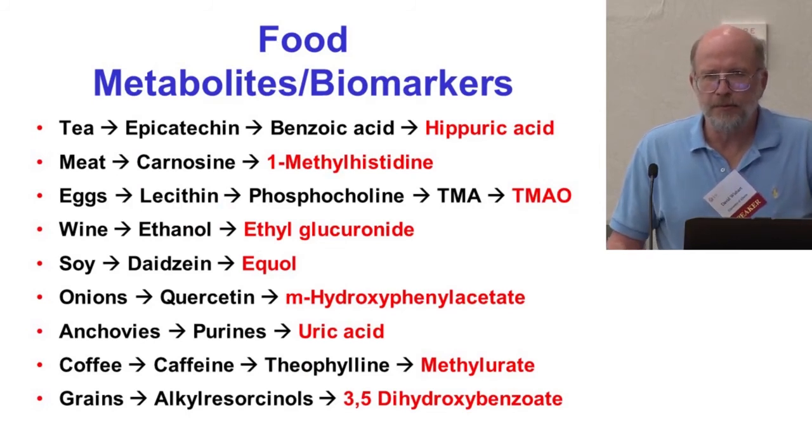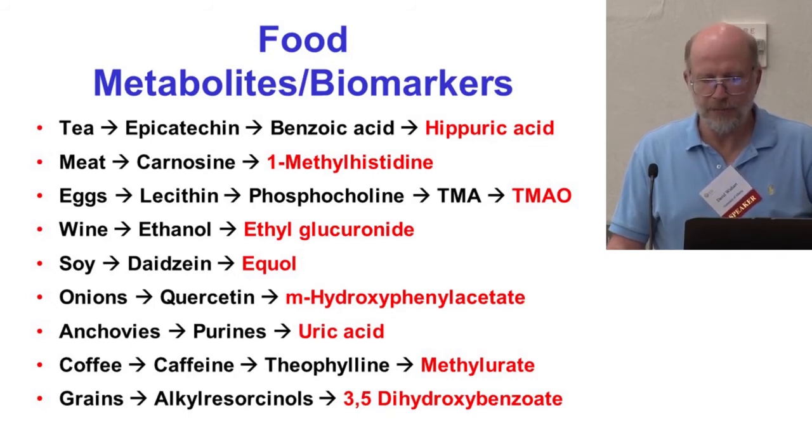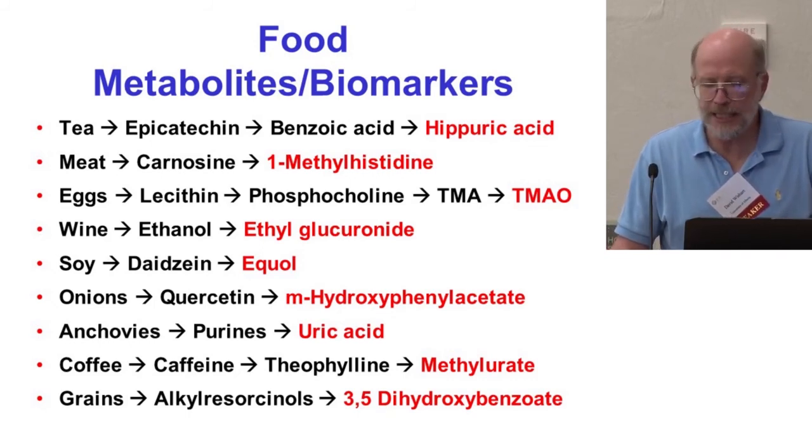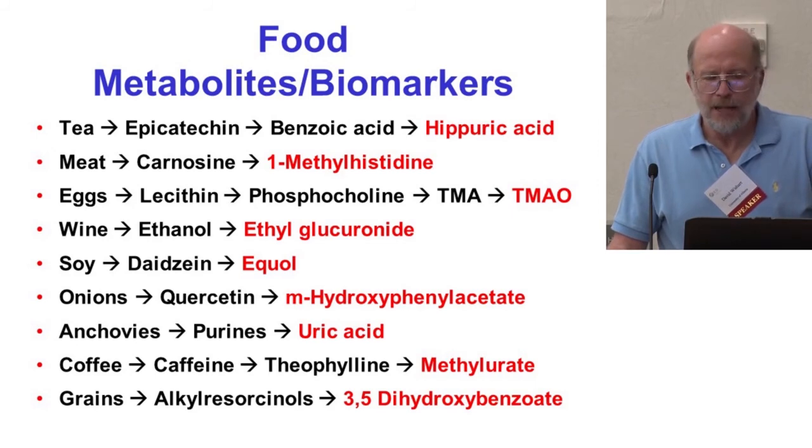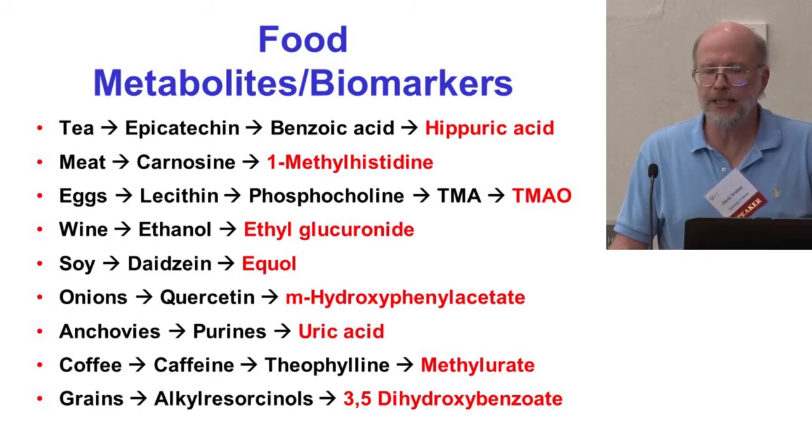Now, as I mentioned before, compounds we eat are typically transformed. So if you drink tea, the epicatechin that's typically in tea will be transformed by your gut microflora into benzoic acid, which then will be finally excreted as hippuric acid in the urine.